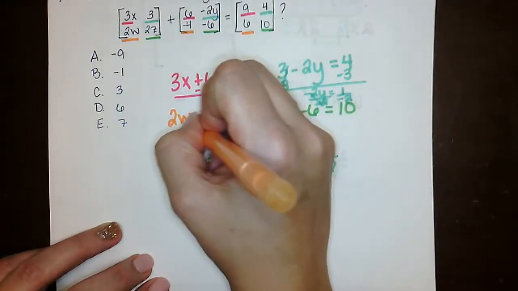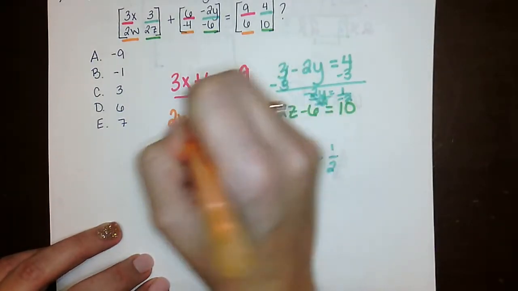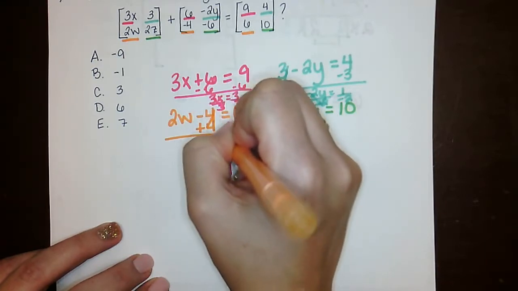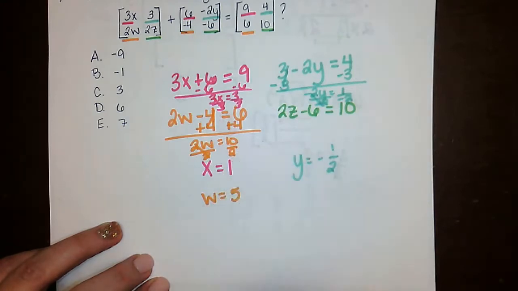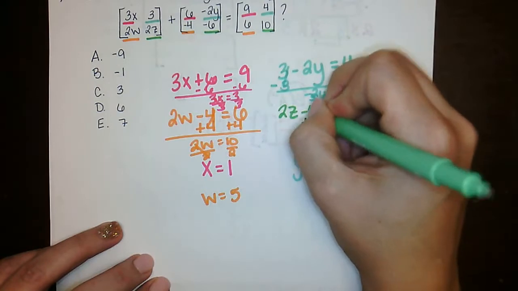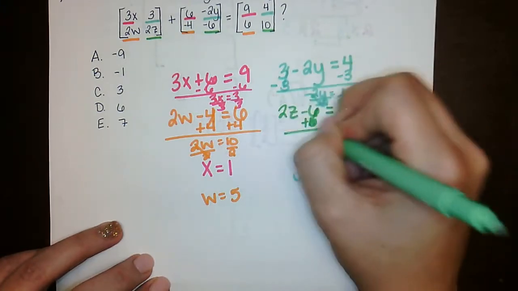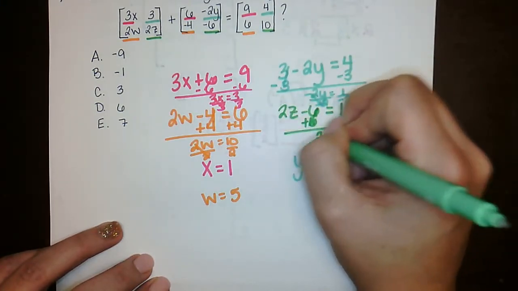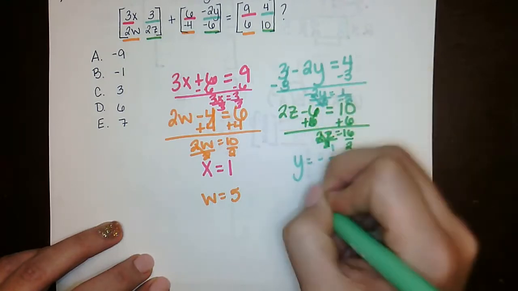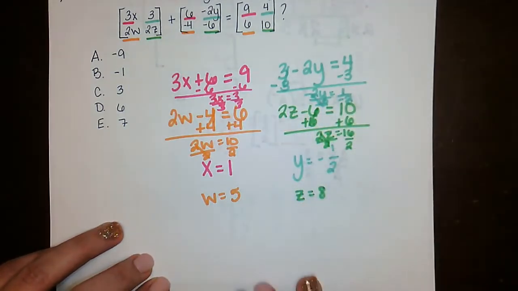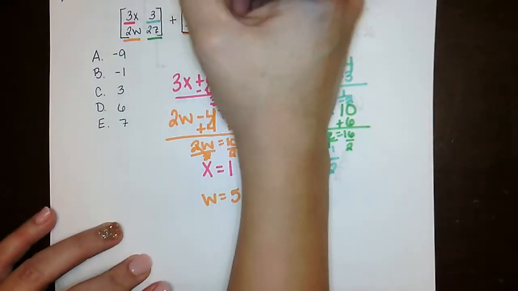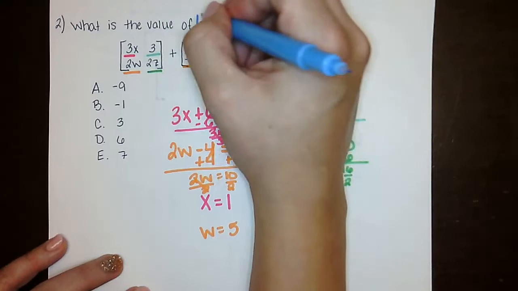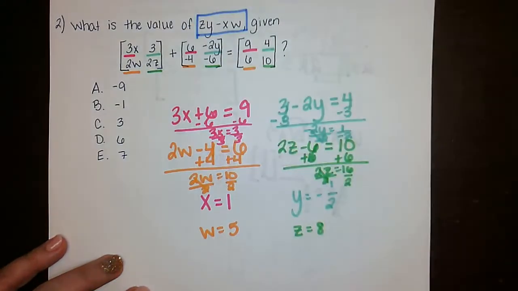We add 4. So 2w equals 10, divided by 2, and w equals 5. Lastly, add 6. 2z equals 16, divided by 2, and z equals 8. So we're not done yet because that's not what it asked me to do. It asked me to find zy minus xw.